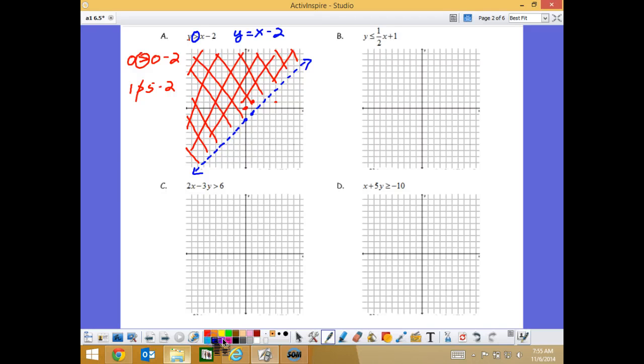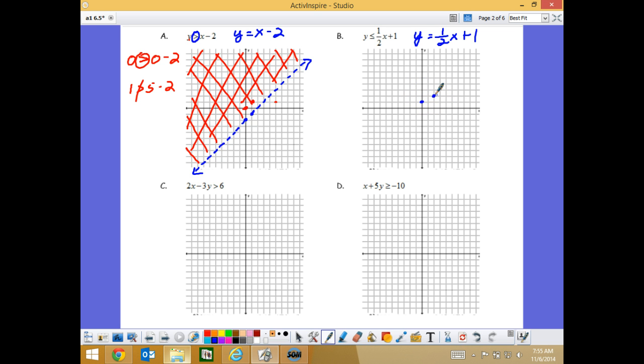Now in part B, the first thing we do is graph the line y equals 1/2 x plus 1. To graph that line, again, it's in slope-intercept form, so the y-intercept is 1, and the slope is 1/2, so we're going to go up 1 and over 2.